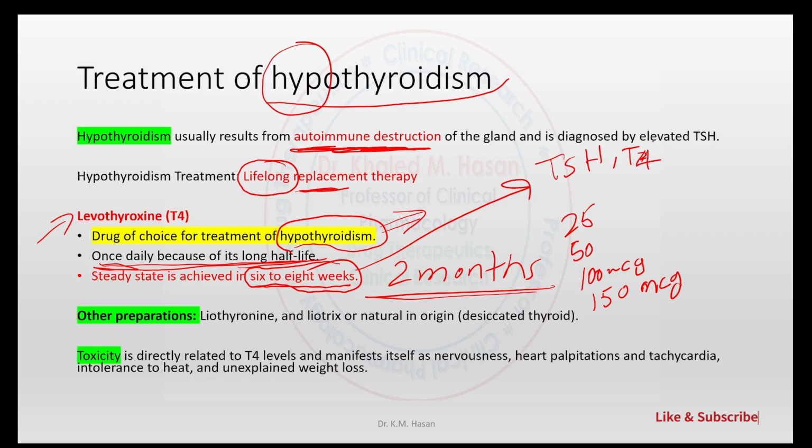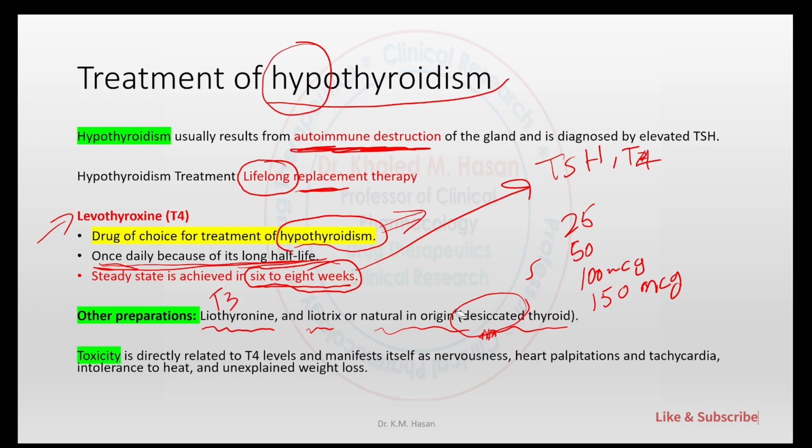Okay, we have other preparations. Yes, other preparations will be liothyronine. We have Lyotrix. Then we have natural origin thyroid, which is dried thyroid gland. It's not popular in practice, but available in the literature. Liothyronine represents T3.